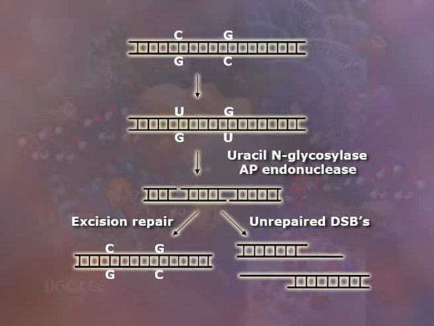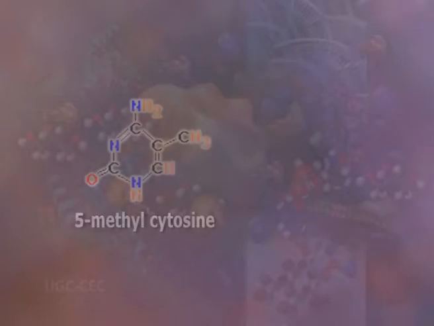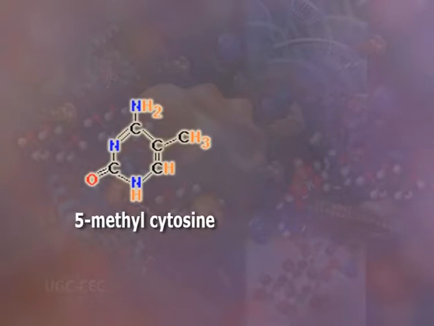Also, note that the steps from AP endonuclease shown in the figure are also used in the repair of missing bases when depurination occurs. A specific glycosylase is also available to remove hypoxanthine, which results when adenine is deaminated. Yet another situation involves the base 5-methylcytosine found in many eukaryotes when it spontaneously deaminates.